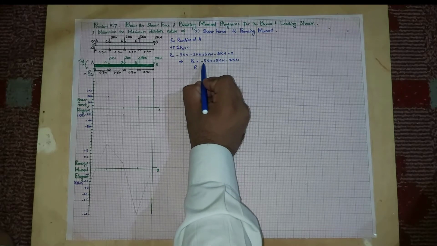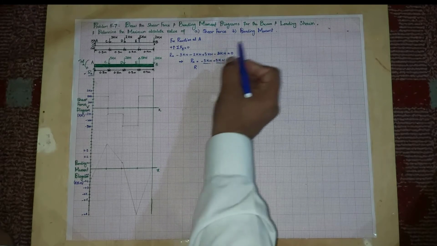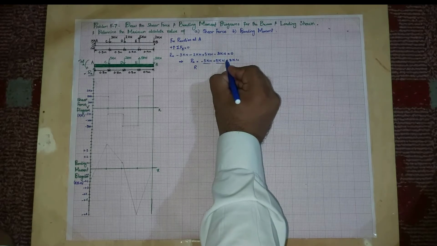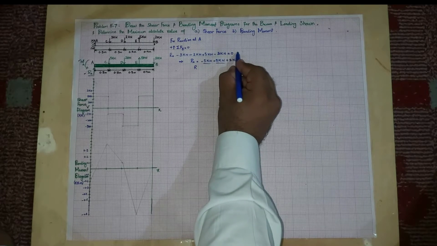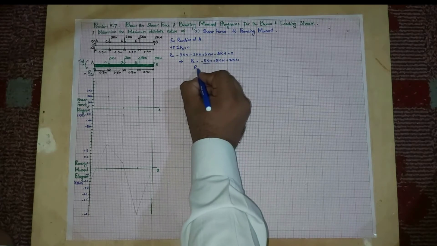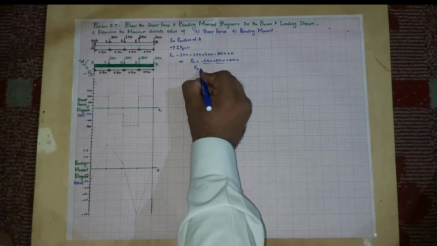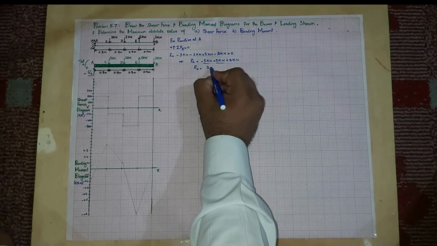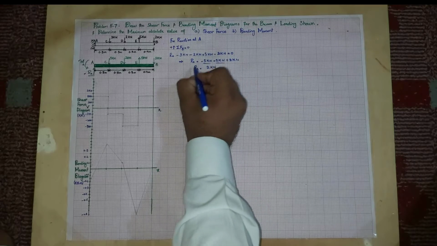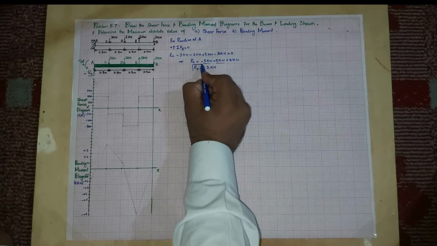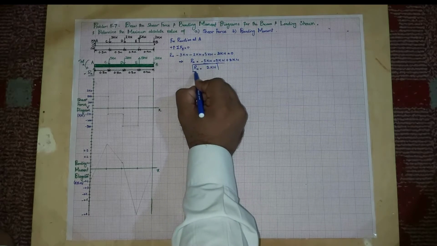So the minus 2 will be converted into plus 2 when it moves to the right side. So the reaction force at point A comes out to be 2 kilonewton. So this was the reaction at point A.